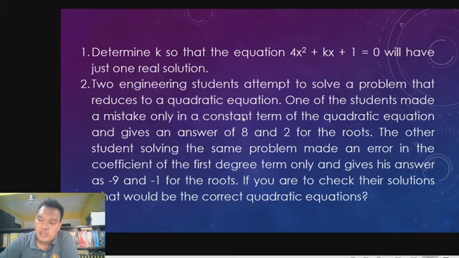Then, x1 niya is equivalent kay 8 and x2 niya is equivalent kay 2. Then, for student 2, coefficient naman ng first degree yung wrong niya. Ibig sabihin, si B yun po yung wrong niya. No? Then, we have roots of x1 is equivalent kay negative 9 and x2 is equivalent kay negative 1.